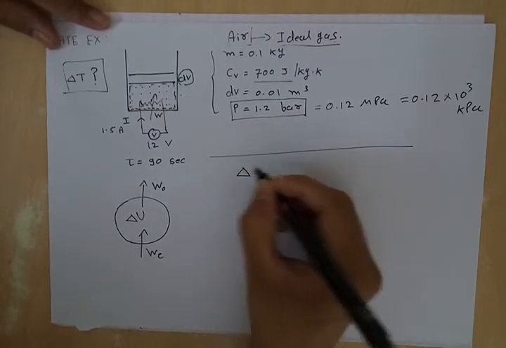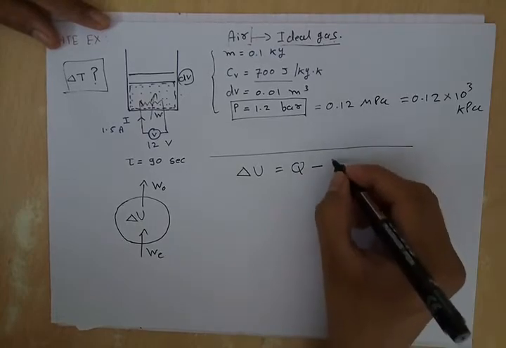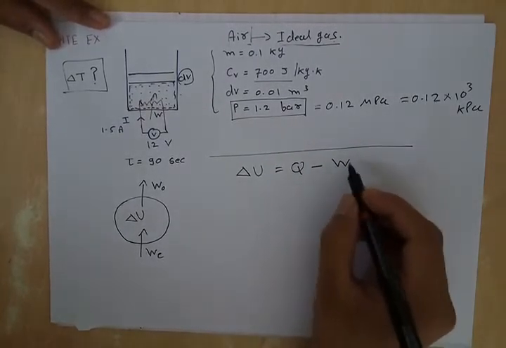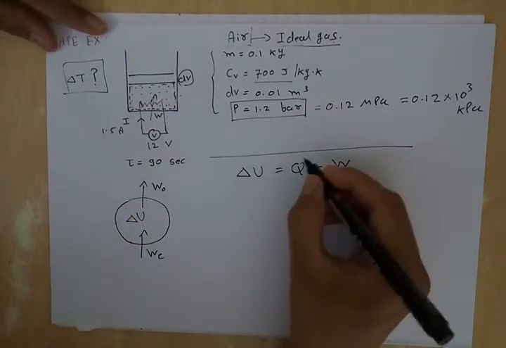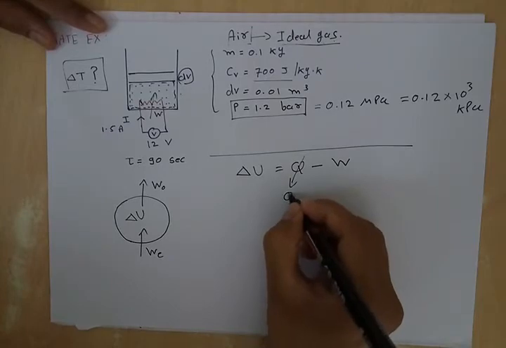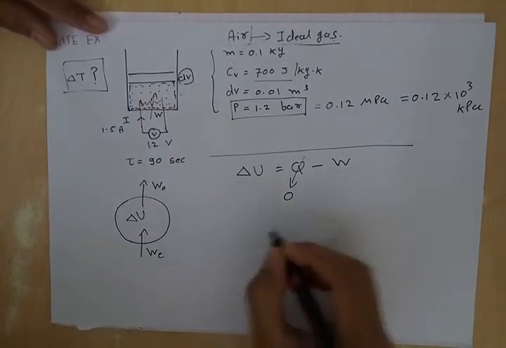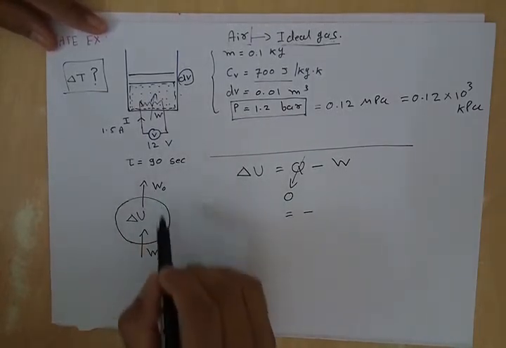So we will use the first law of thermodynamics, Q minus W. This is heat added to the system minus work done by the system. Now here there is no heat interaction, so it will be 0. Now work done by the system is equal to, we have to find the net work done by the system.